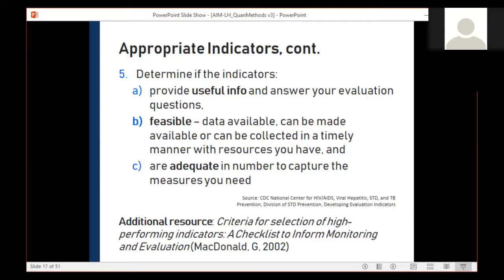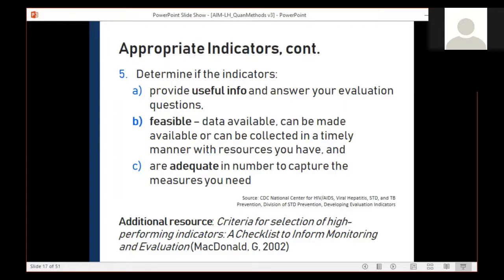And then, of course, you'll want to determine if the indicators are really providing useful information. Are they answering your questions? Is it feasible? You know, is the data available, or can it be available or collected in a timely manner with the resources that you have or that your stakeholders are able to provide as well?